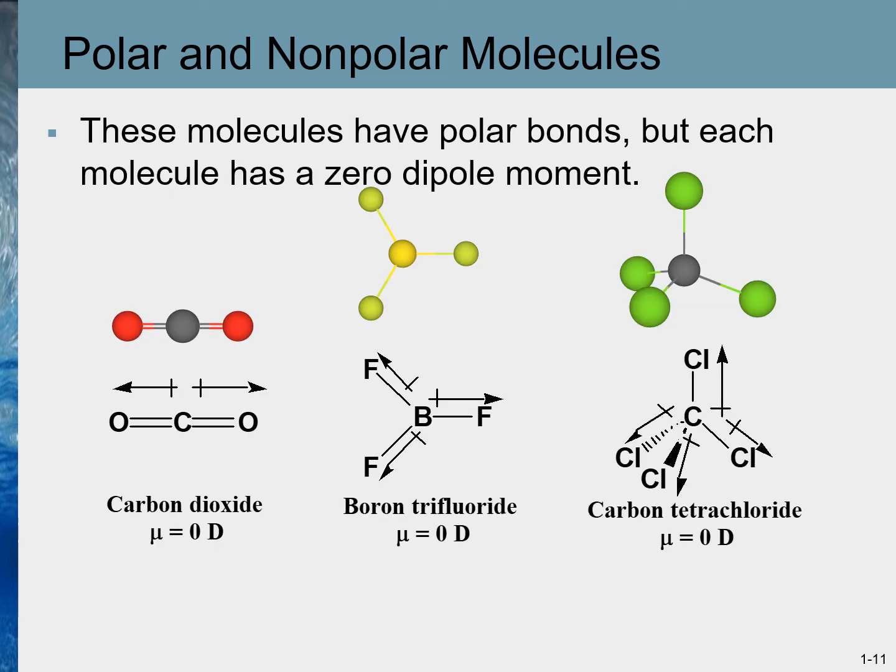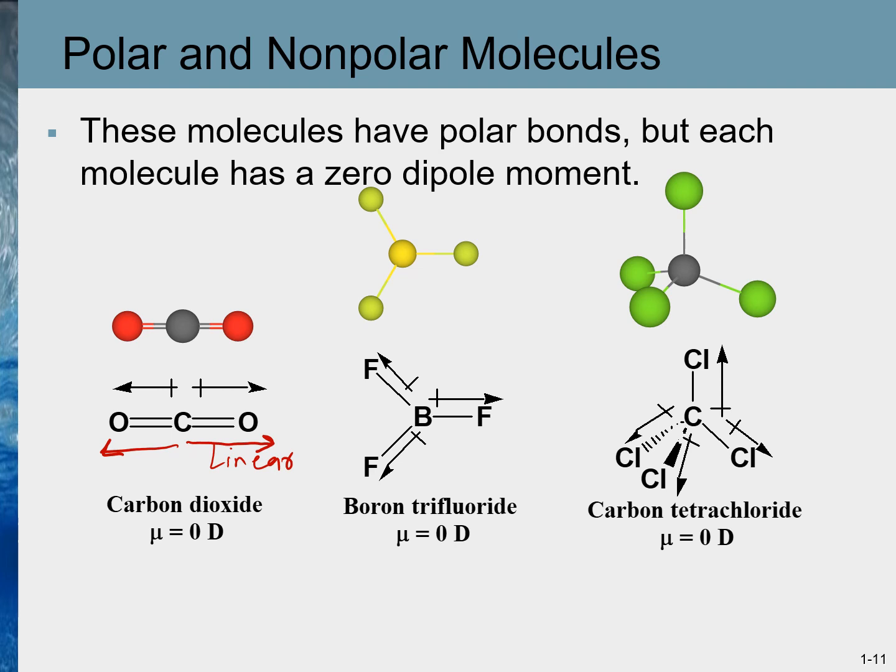Let's take a look at some covalent molecules in which the bonds are polar. For example, in case of carbon dioxide, the shape of the molecule is linear, and each carbon-oxygen bond is polar. But as we can see, one dipole moment is towards the right side and the other one is towards the left side, and both of them are equally strong.